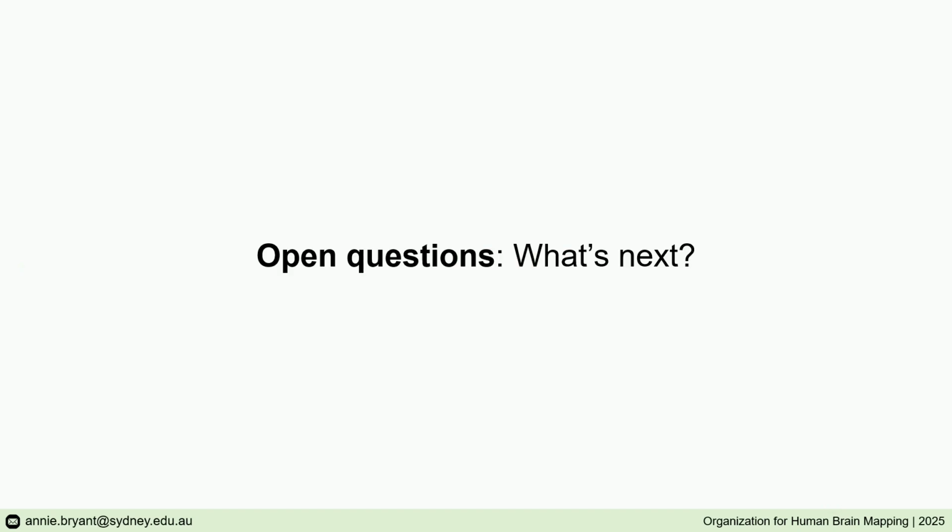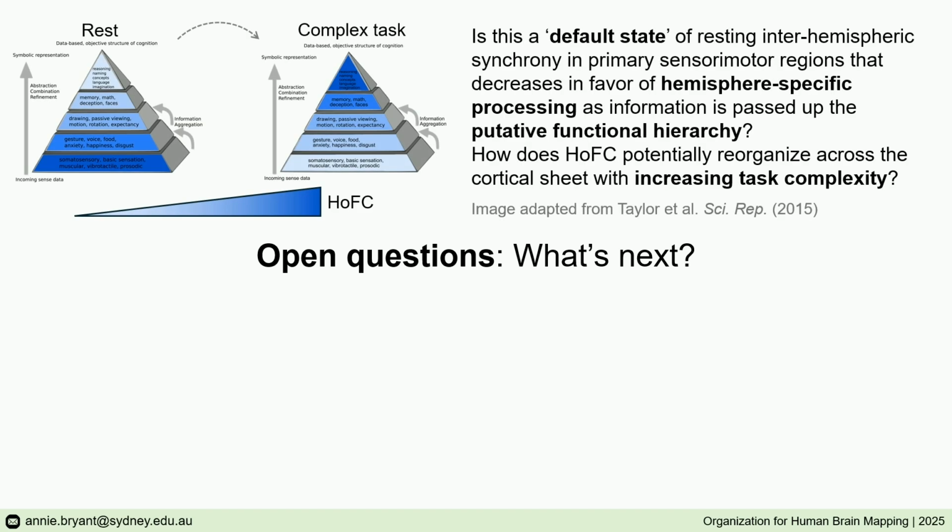So I'll end my presentation with just a couple of open questions that I'm really excited to explore further after this final project of my thesis. First, I think there's a great opportunity to understand homotopic coupling through the lens of increasing task complexity, which could help us understand if, and indeed how, this coupling reorganizes across the cortical sheet and balances with hemisphere-specific lateralization with greater cognitive burden.